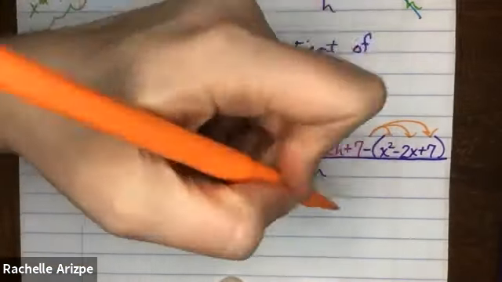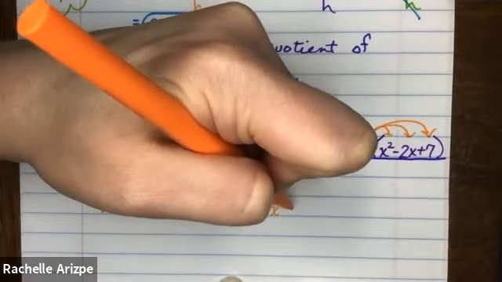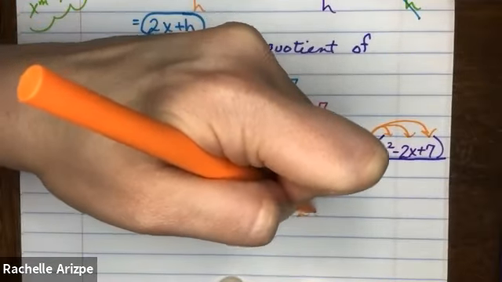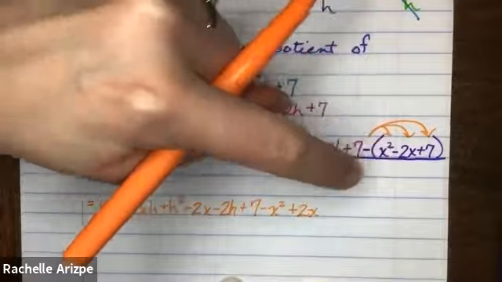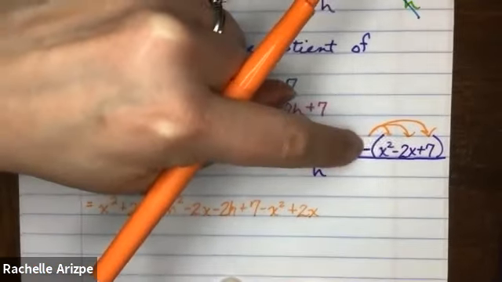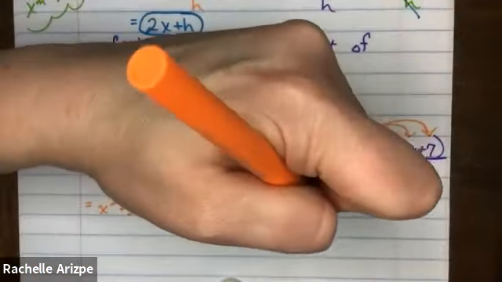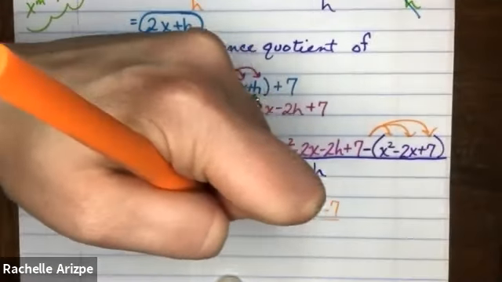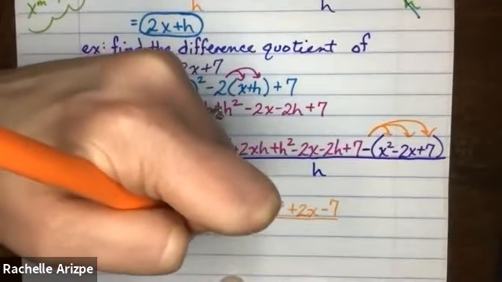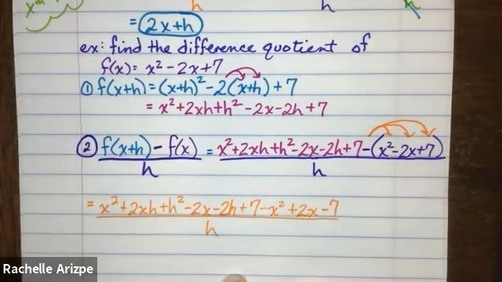But now we have minus x squared plus 2x because this negative negative becomes a positive, and then minus 7. Let's find those like terms and cancel them out.